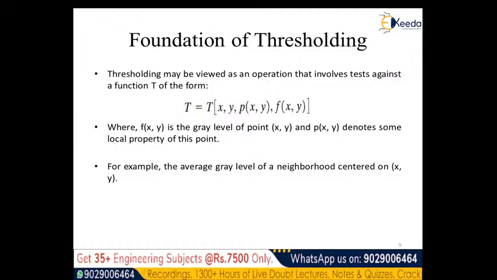So based on these four factors, the two spatial coordinates x, y, the pixel intensity f, and the local property, for example averaging over a certain neighborhood of dimension 3 by 3 or 5 by 5, which we have practiced for spatial filtering, image enhancement and image restoration, this is the thresholding function involving the test against a function capital T, as represented by this equation.